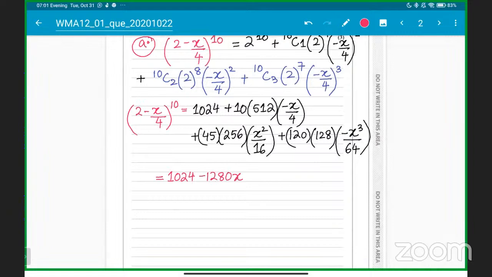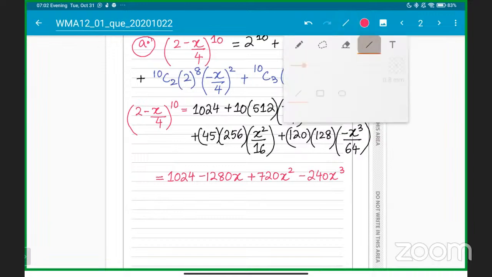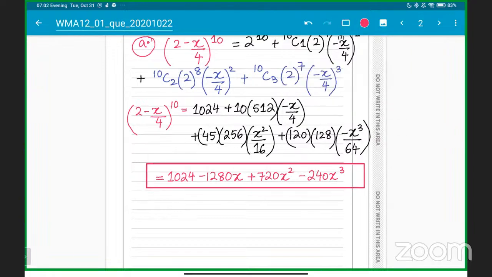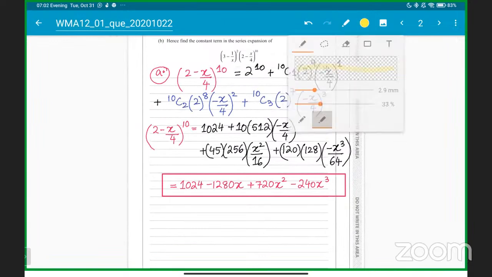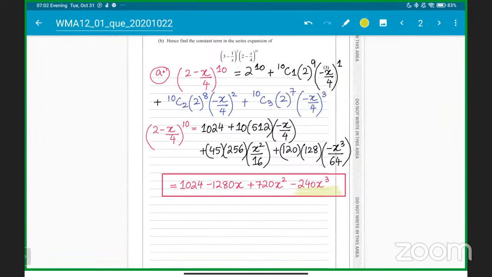So 1024 and negative 1280x, 45 times 256 divided by 16 plus 720x squared, and 120 into 128 divided by 64. We got that as negative 240x cubed. Understood? So here are the first 4 terms for the binomial expansion. Okay, understood? No doubts? Any confusion? Yes, sir. Okay.